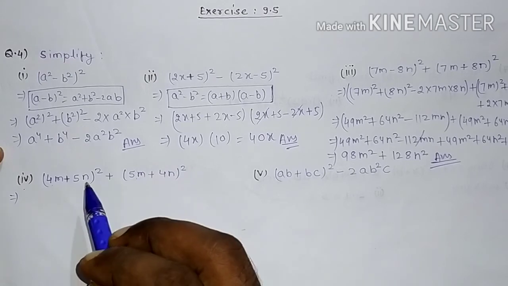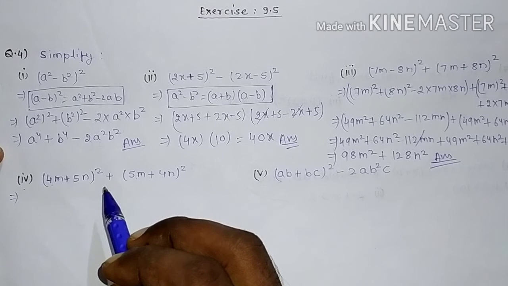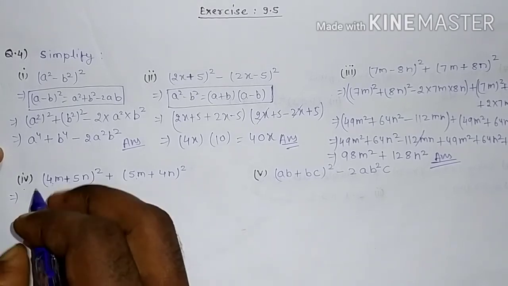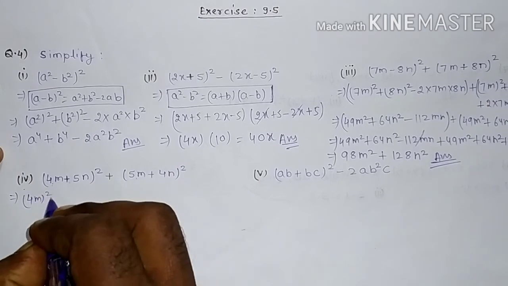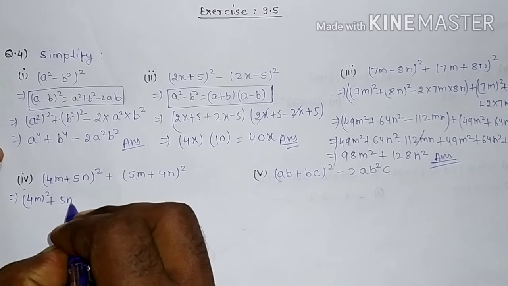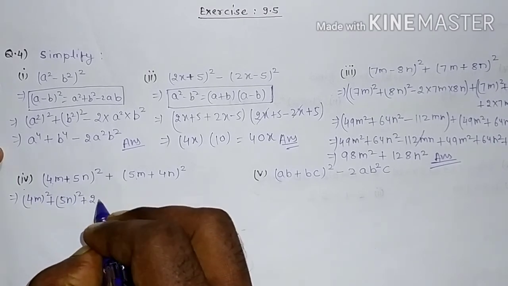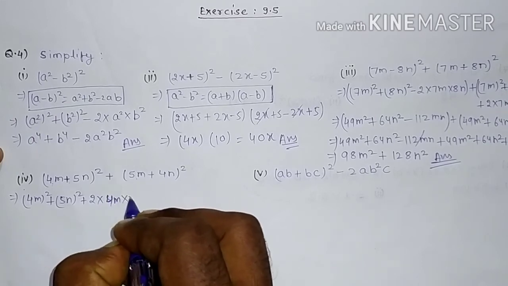The formula will be a plus b whole square equals a square plus b square plus 2ab. Just apply here. So a plus b whole square, a square, that is 4m square, plus b square, that is 5n square, plus 2ab. 2 into a, that is 4m, into 5n.